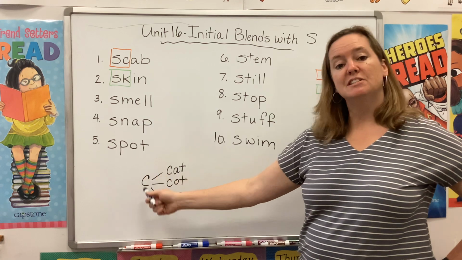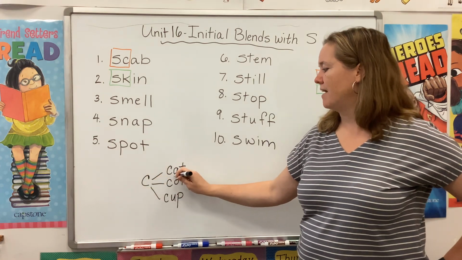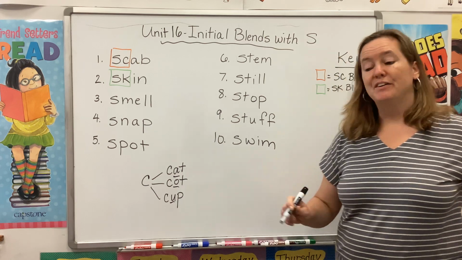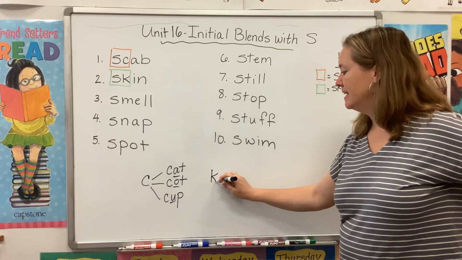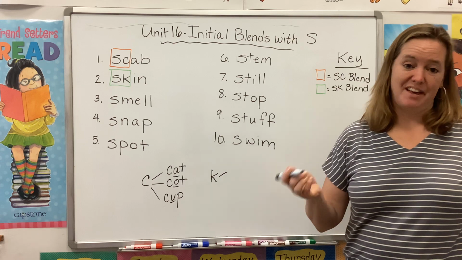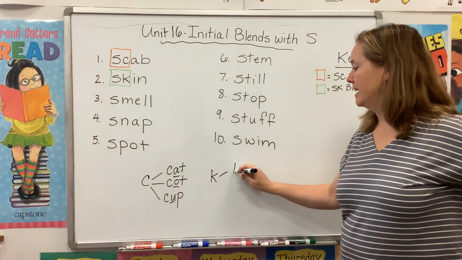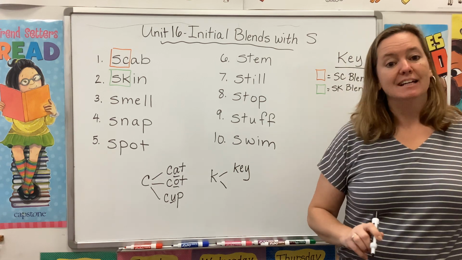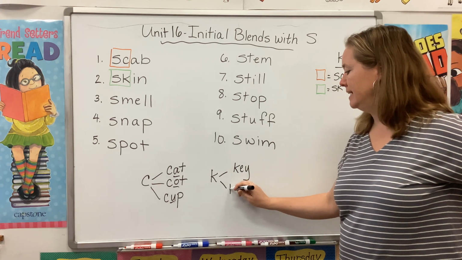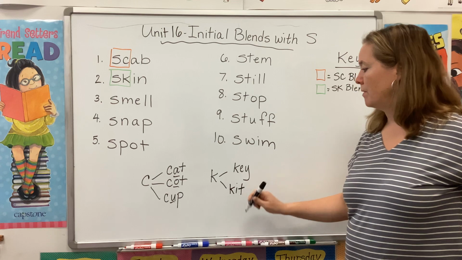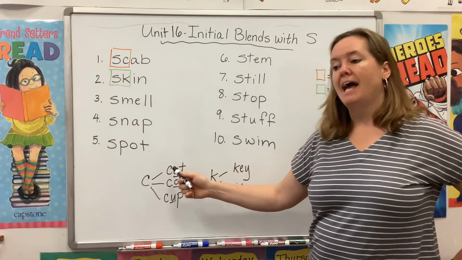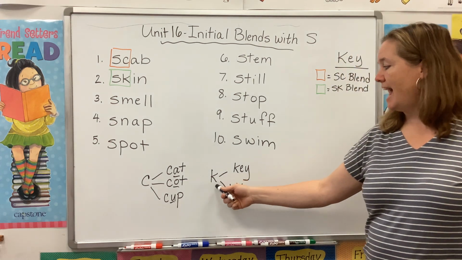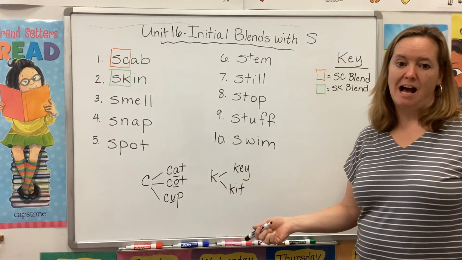So the letter C is usually followed by the vowels A, O, and U. The letter K is usually followed by the letter E in words like key, or the letter I in words like kit. Okay? So C hangs out with A, O, and U. K hangs out with E and I.